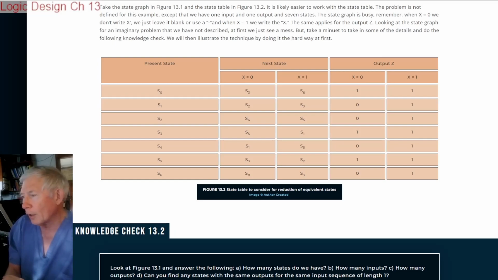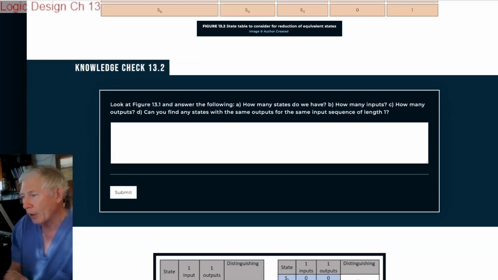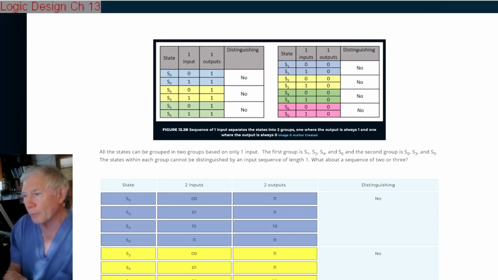On just one input, say if we're in S0, depending on the input x, the output Z is going to be 1 in both cases. That's also true in S3 and also in S5. So we can group S0, 3, and 5 all in one group because their outputs are always 1 regardless of the input.